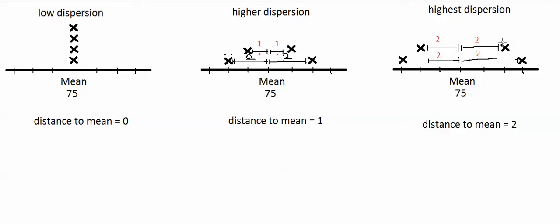This score of 77 is 2 away from the mean. But these 2 other exam scores are 3 away from the mean, because this person who got a 72 is 3 below the mean of 75. And this person who got a 78 is also 3 away from the mean of 75.